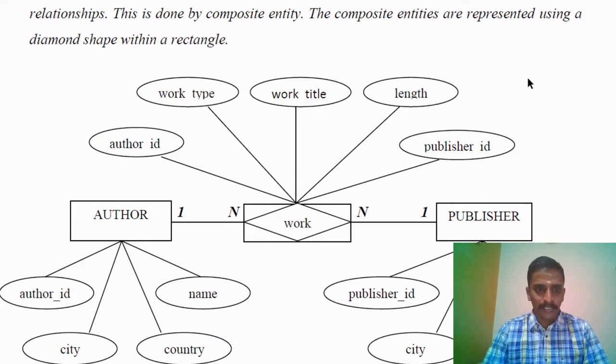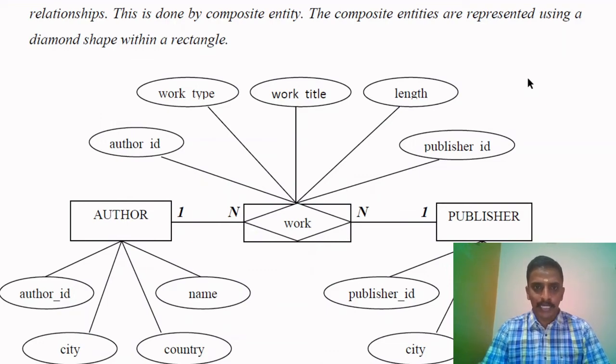The author has four attributes: author ID, city, country, and name, and the publisher entity has four attributes: publisher ID, city, country, and name. Apart from these, there are some attributes: author ID, work type, work title, length, and publisher ID. These are said to be the composite entity.